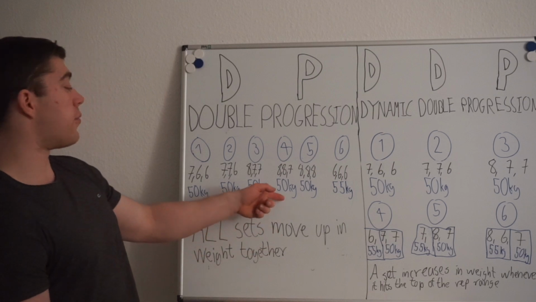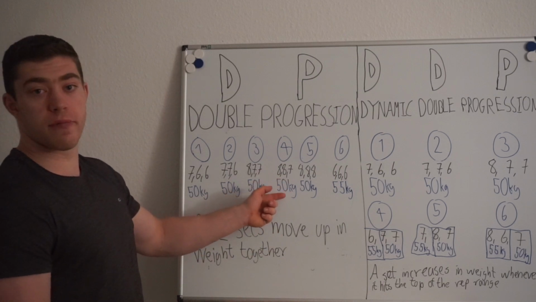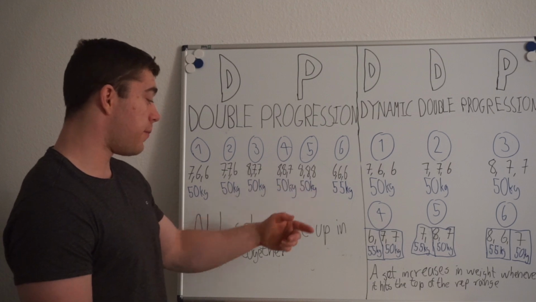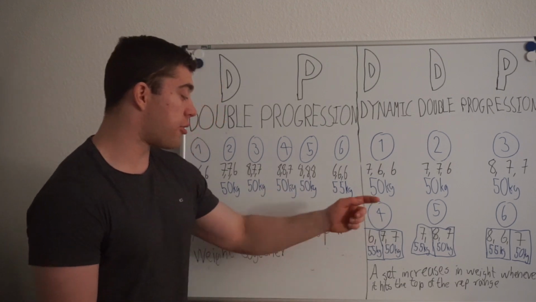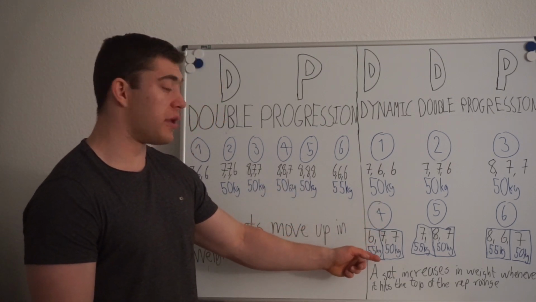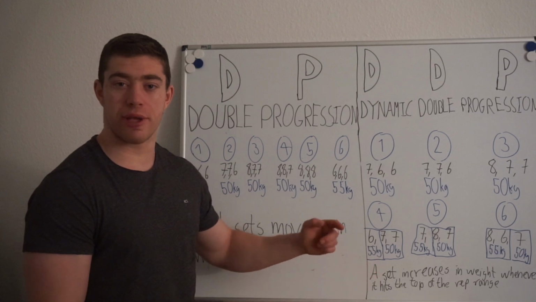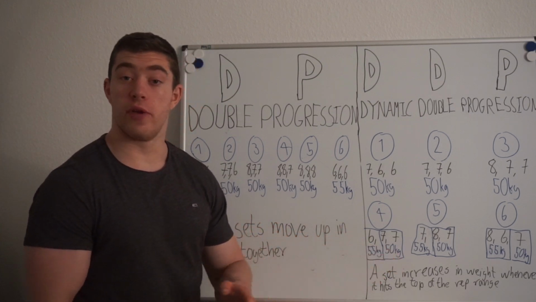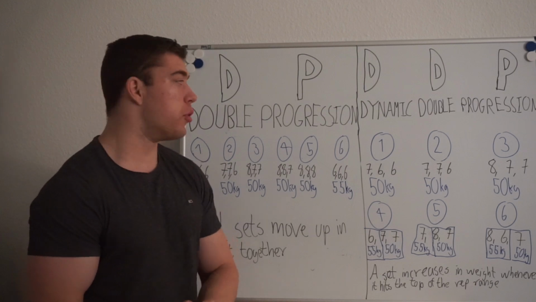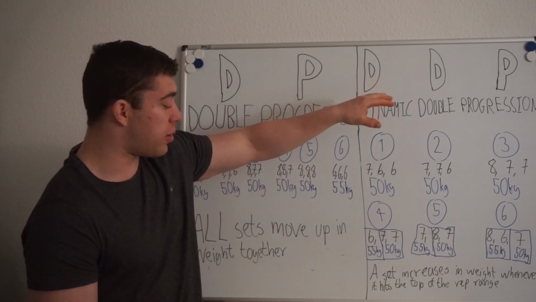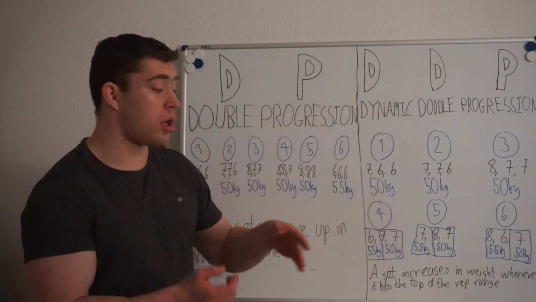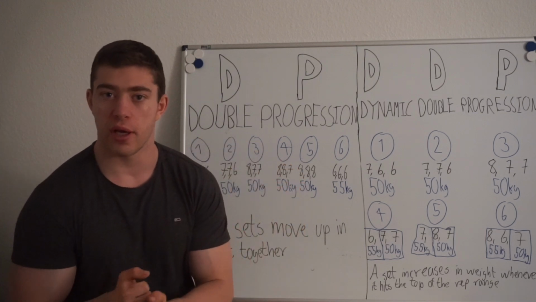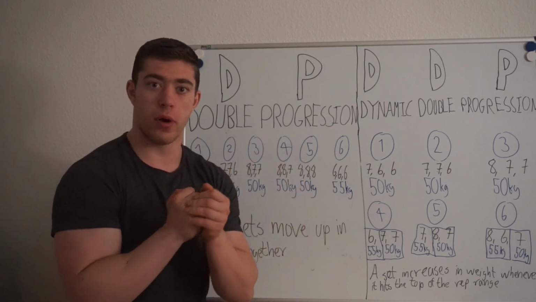So instead of what we did here, where we still used 50 kg for all the sets and did 8, 7, now for the first set we are increasing to 55 kg and only get 6 reps, but we are maintaining the same weight for the 2 next sets. So that's where dynamic comes in. It's dynamic because we can increase one set independently of the others.